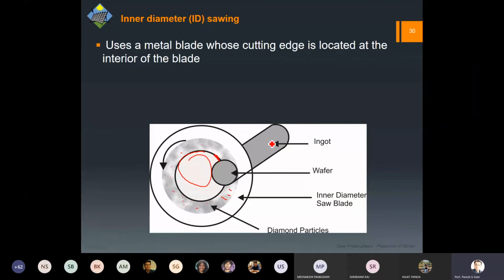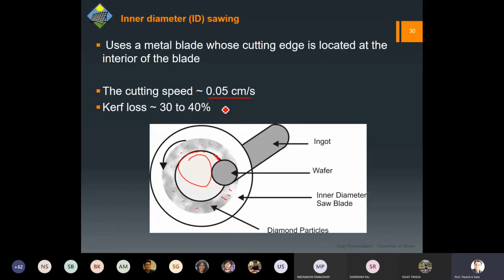So cutting speed, obviously, has to be very slow. Why? Because we are cutting very thin wafers here, so 0.05 centimeter per second or something. But you can understand that when we are cutting the ingot, there is some thickness to this blade.